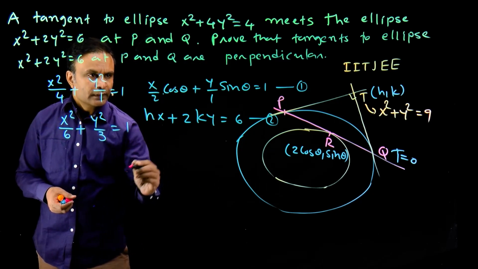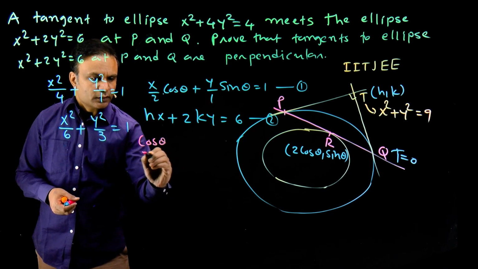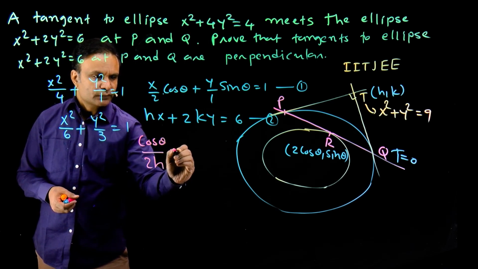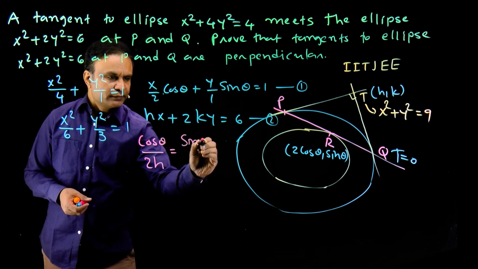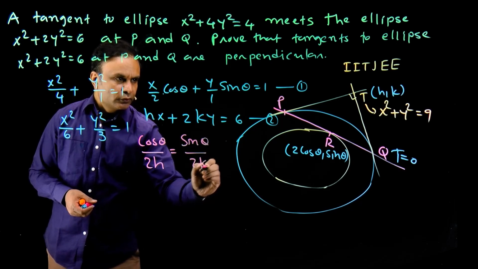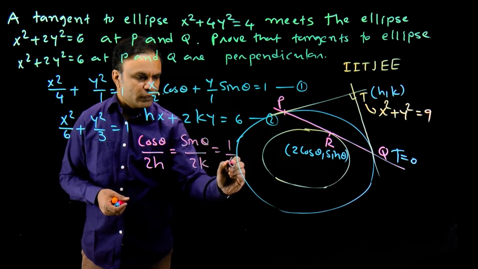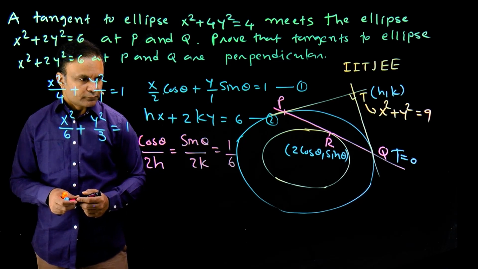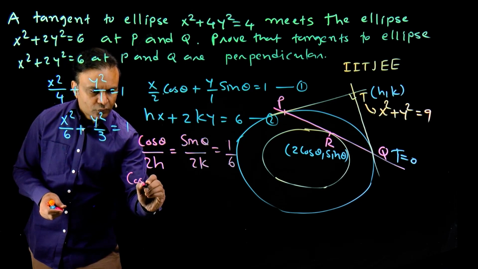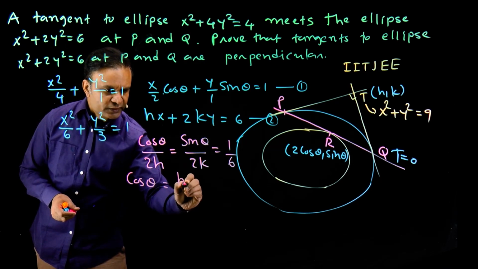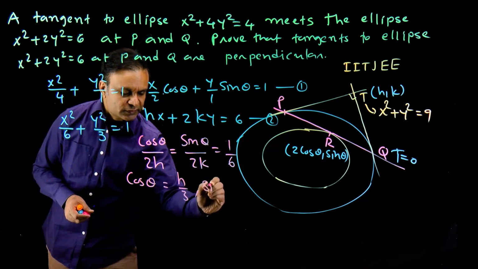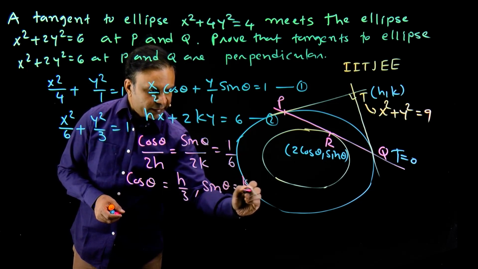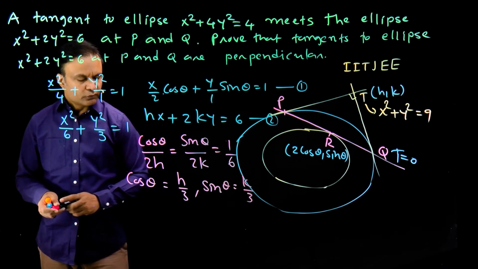So we have cos theta upon 2h is equal to sin theta upon 2k is equal to 1 upon 6. Okay, so we have cos theta is equal to h upon 3 and sin theta is equal to k upon 3.